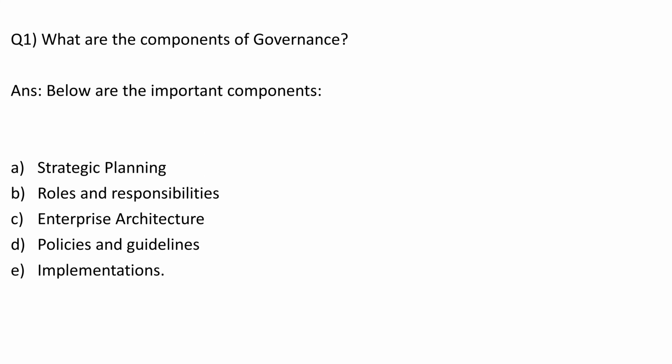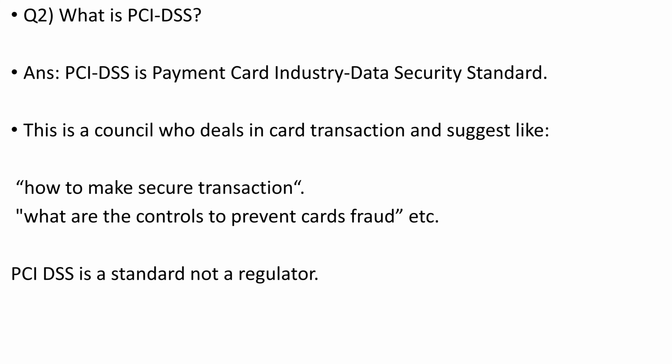So these are a few important elements of governance which need to be deployed if we talk about the implementation of governance. Next question is, what is PCI DSS? This question relates to the transactional point of view of credit and debit cards of banking and non-banking financial institutions. So what is the full form of PCI DSS?